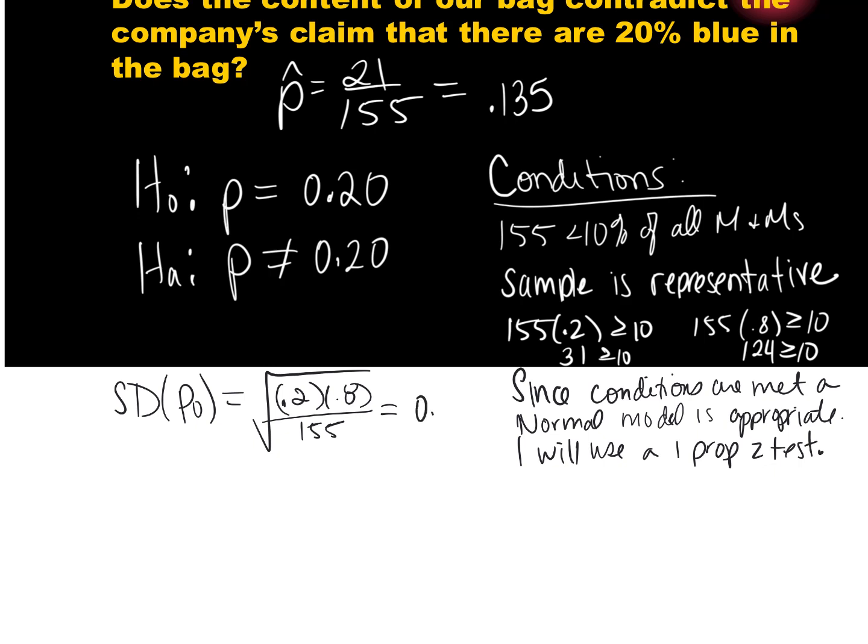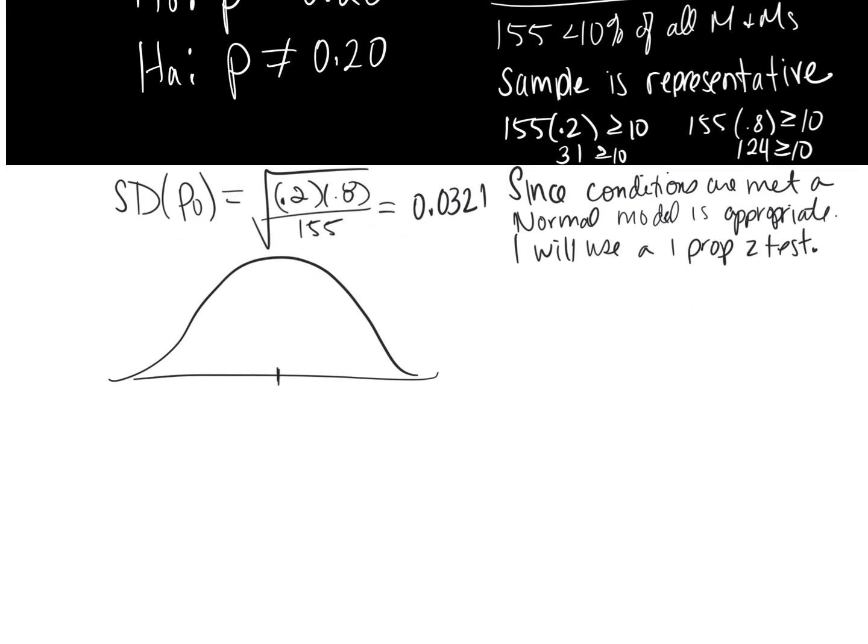I get 0.0321. My mean is the hypothesis, 0.2. It's not really in the middle. It's bugging me. So 0.232.